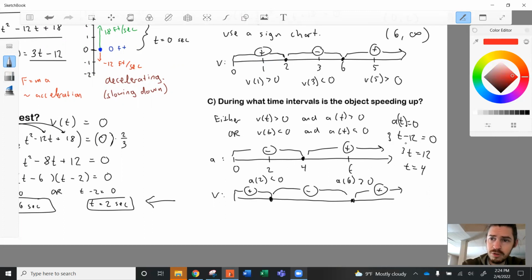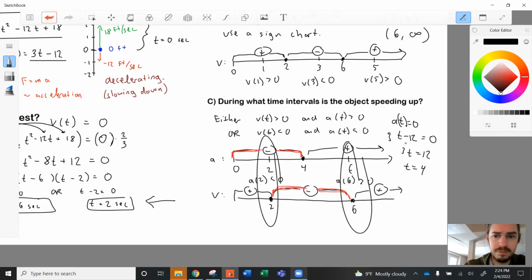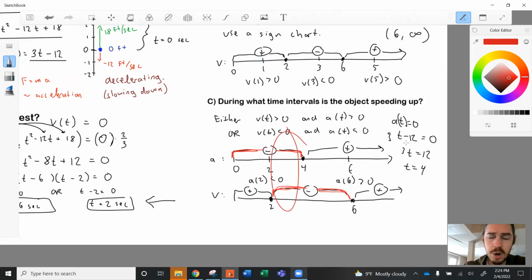If I color code here, here's a negative interval, here's a negative interval. I forgot to put these numbers on here, but this is 2, this is 6. I lined the 2s up and the 6s up. So between 2 and 4, they're both negative. So one interval that we're going to answer is 2 to 4.